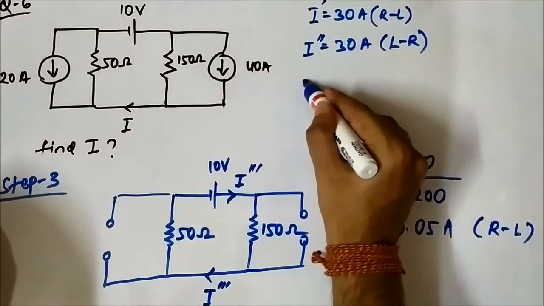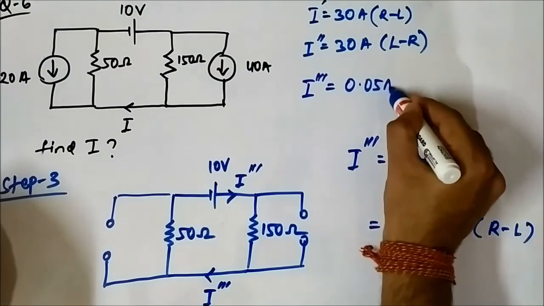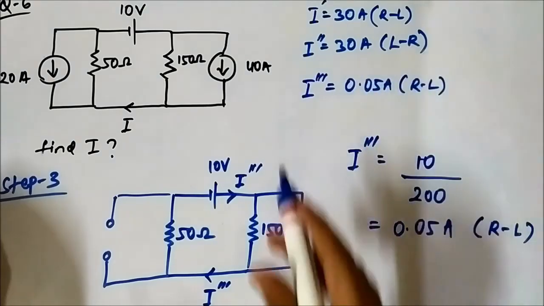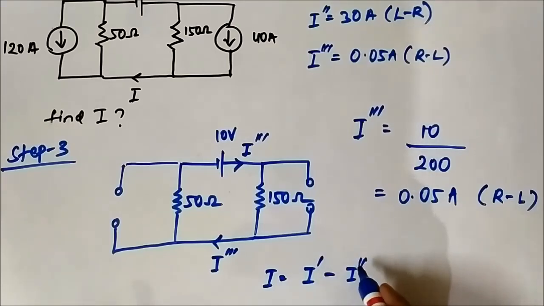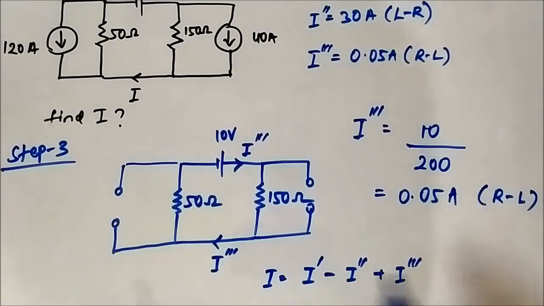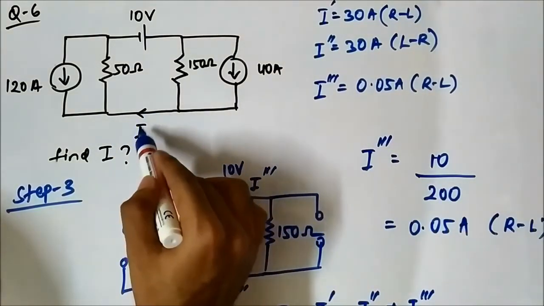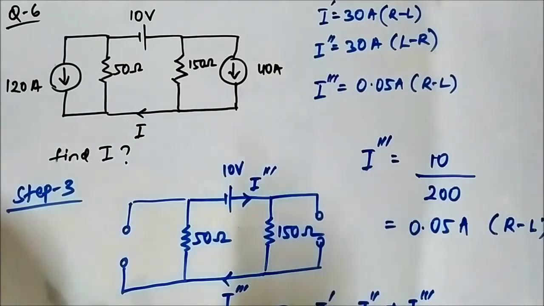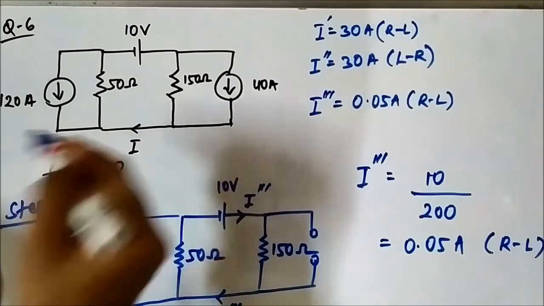So here we have the three currents. The total current I will be I dash minus I double dash plus I triple dash. Why? See, the reference direction was from right to left, as mentioned in the question. I dash was 30 ampere from right to left, same as the reference direction.